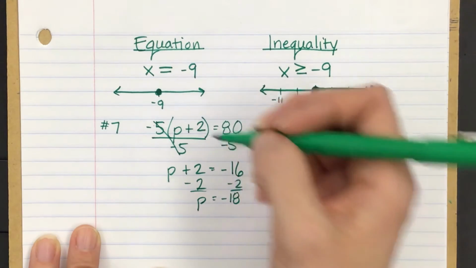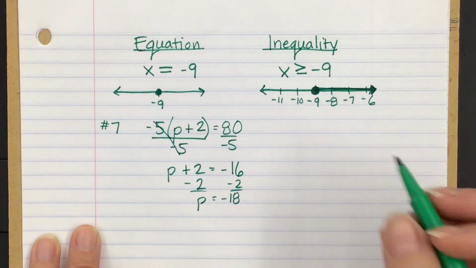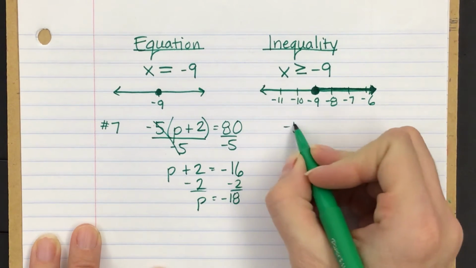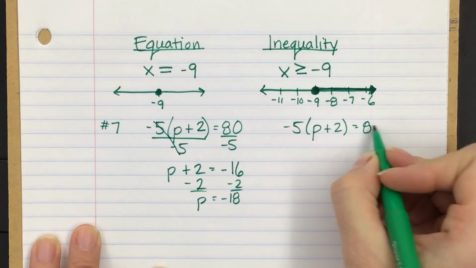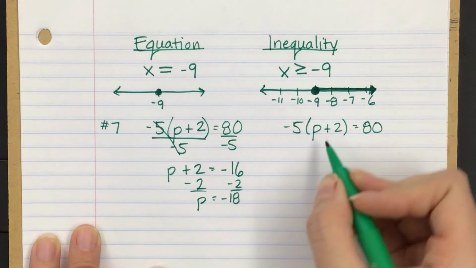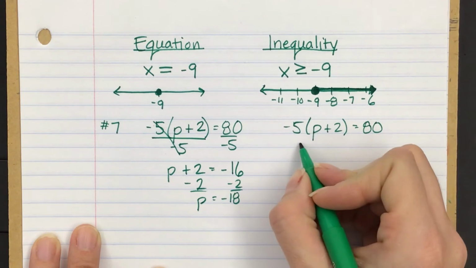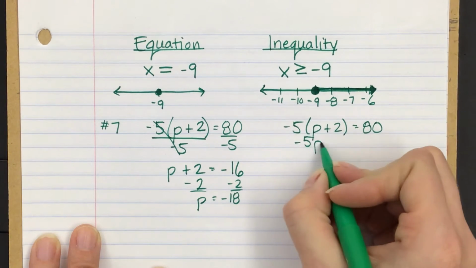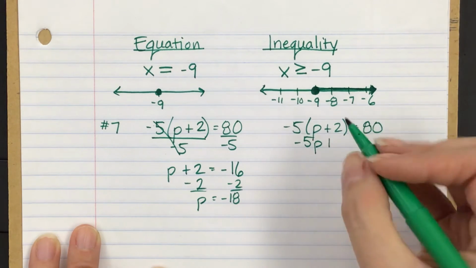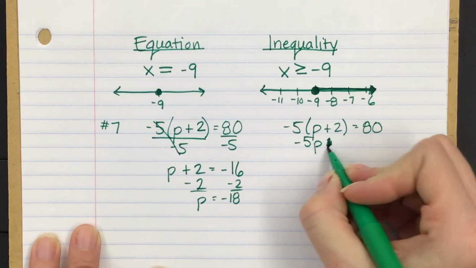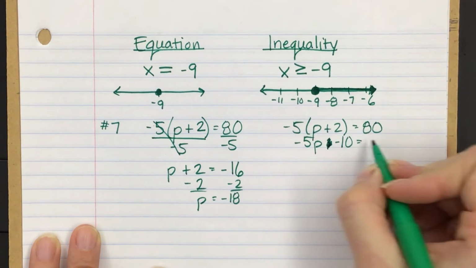You can go back in and plug that in and make sure it's true. The other way you could do this one is you can distribute first. So -5 times p is -5p. -5 times 2 is -10. Sorry, I made a mistake already. -10.